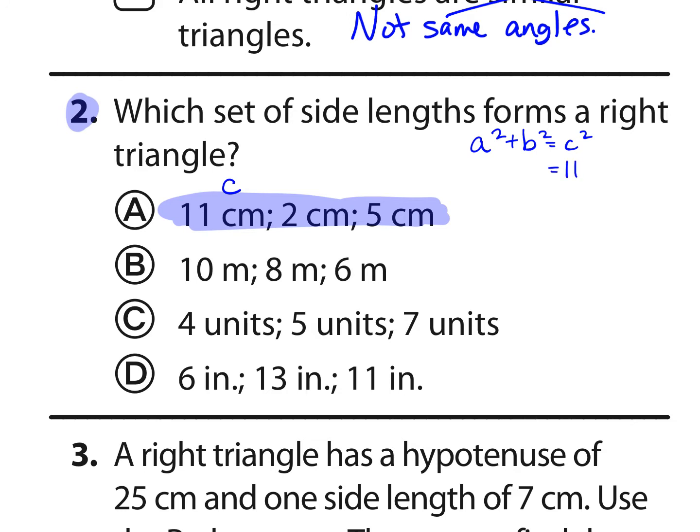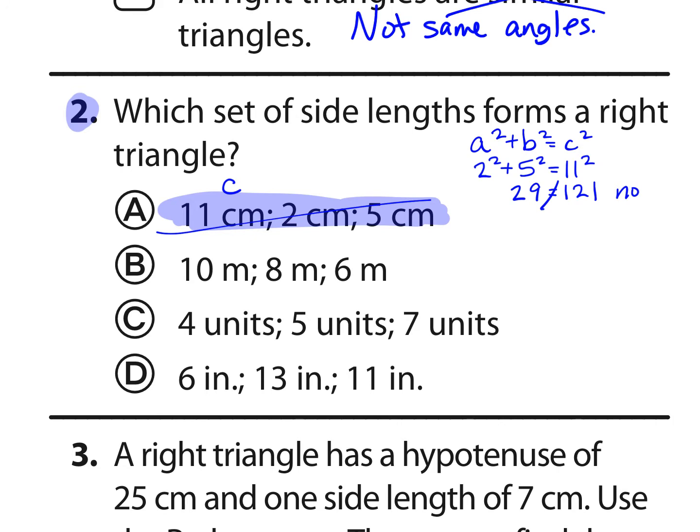So I'm going to plug in 11 for C, and then 2 and 5 could be A or B. We'll call it 2 and then 5. So 2 squared plus 5 squared, we'll see if it equals 11 squared. Well, 2 squared is 4 plus 5 squared is 25, so we get 29. 11 squared is 121, so is 29 equal to 121? No. So this is not a right triangle.